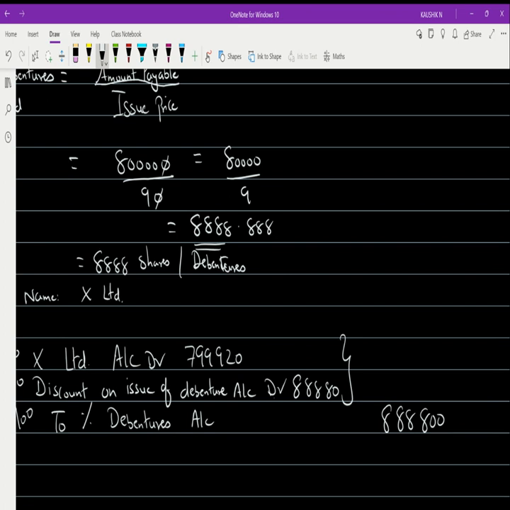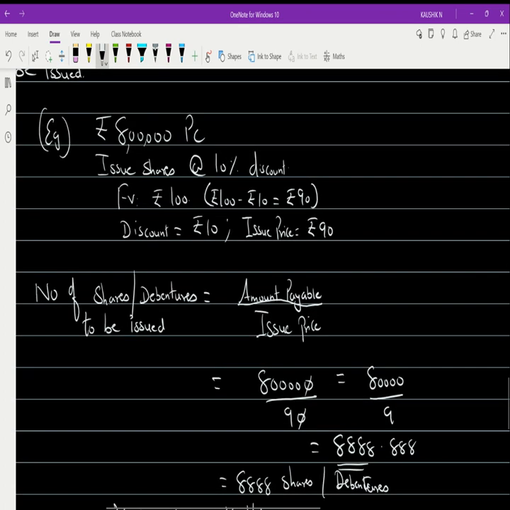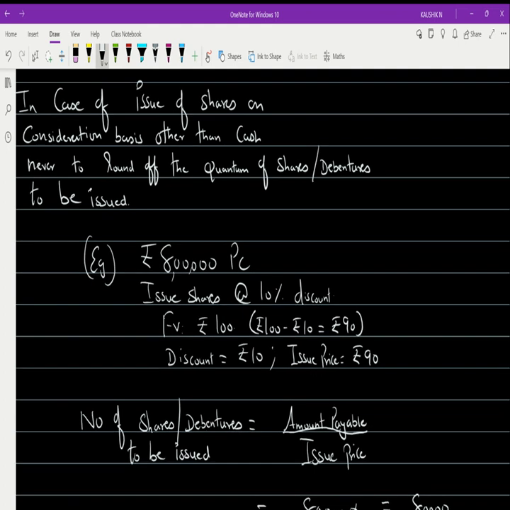Discount 88,880. So this put together comes to 8,88,800. So the payment part is 8 lakhs, but what you paid, after the discount, is this amount. Is it clear to you? So never round up the value. This is one point which you have to keep in mind, whether it be shares or debentures. Is this clear to you?